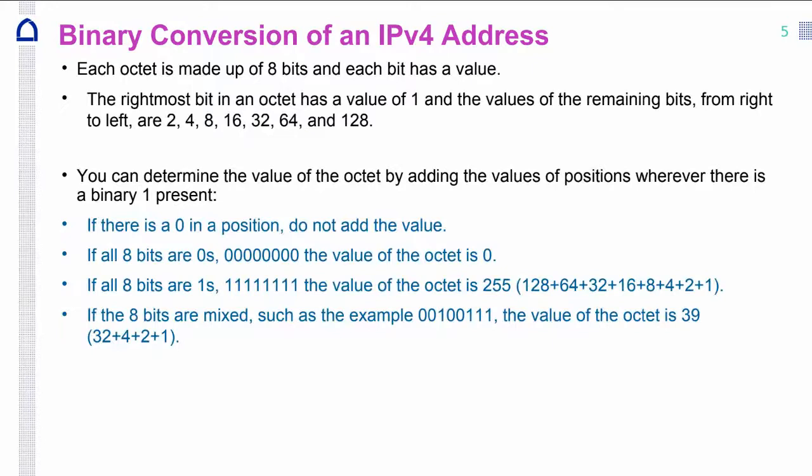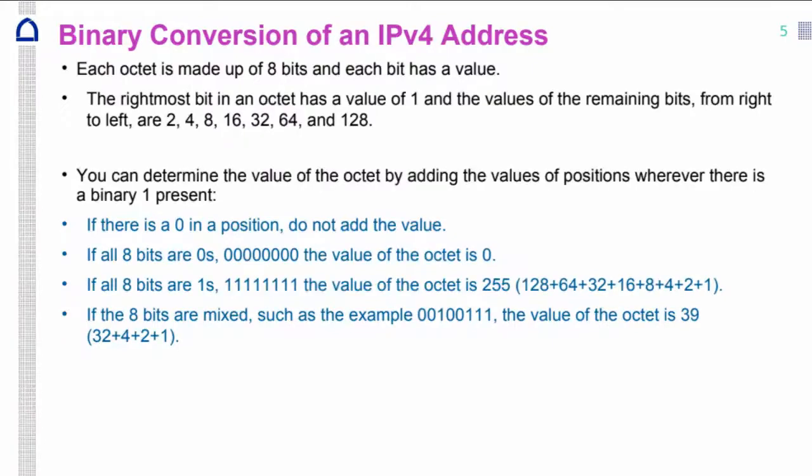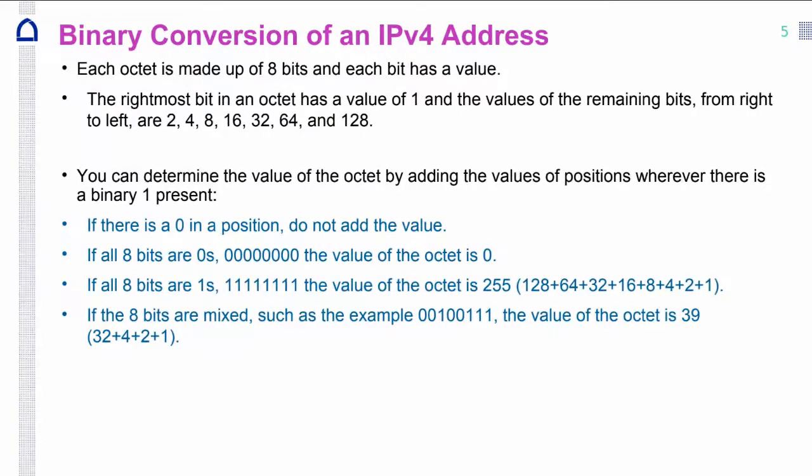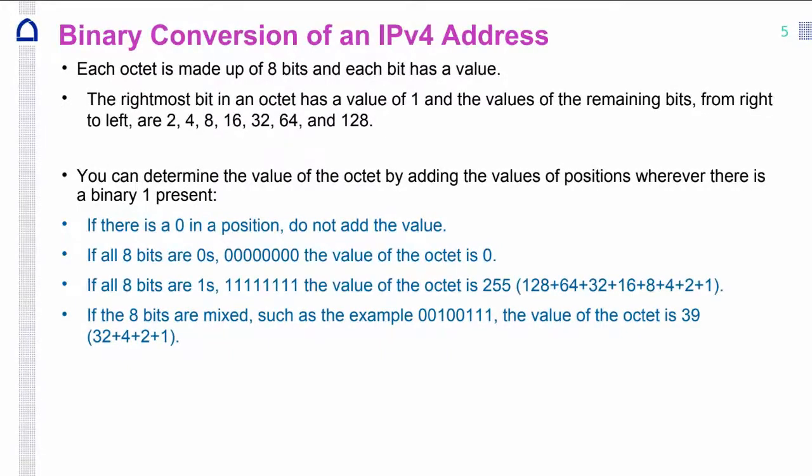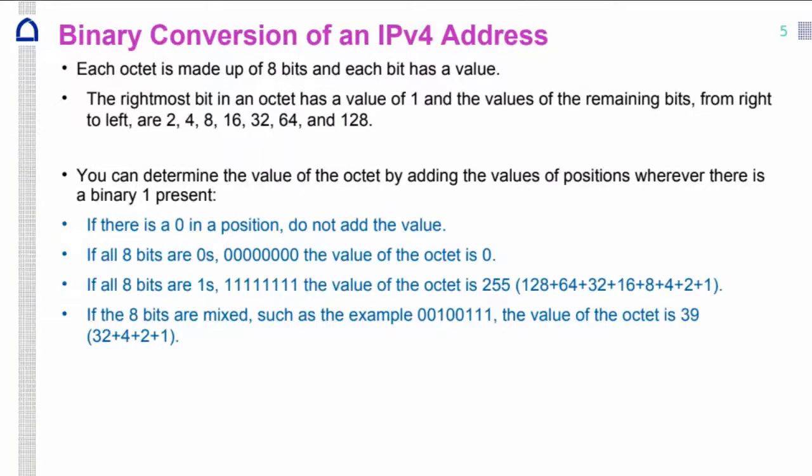Here, I have 1 plus 2 plus 4. This is 8 and 16, but because they are zeros, I don't count them. And then I have 32. So it is 1 plus 2 plus 4 plus 32, which is equal to 39. Is it clear? Shall I repeat it?